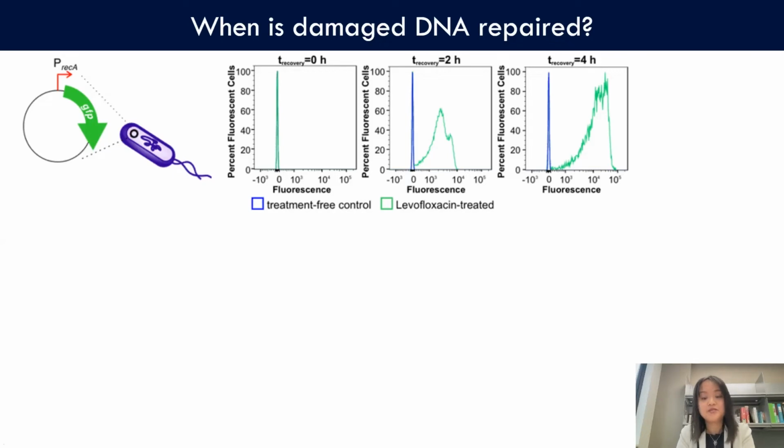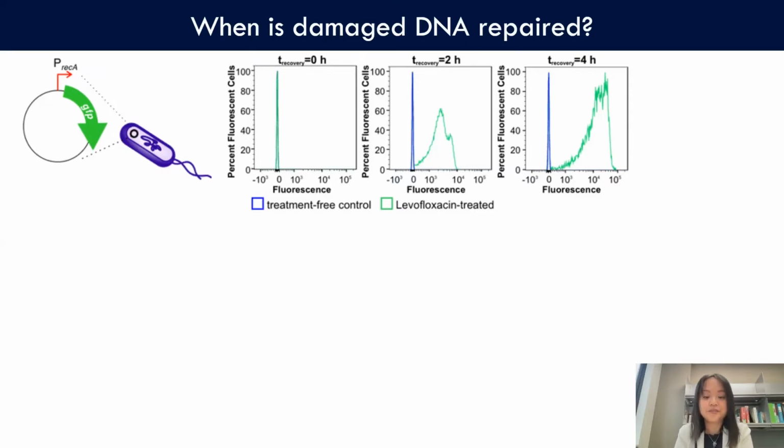When we did this, we saw that when these cells were first inoculated in this antibiotic-free media containing nutrients, most of the cells remained dim. And it wasn't until they had time to recover in this media that we see by flow cytometry a shift toward higher fluorescence in about 90% of the population. So this suggests that maybe the cells were activating recA expression as they're recovering after fluoroquinolone treatment.